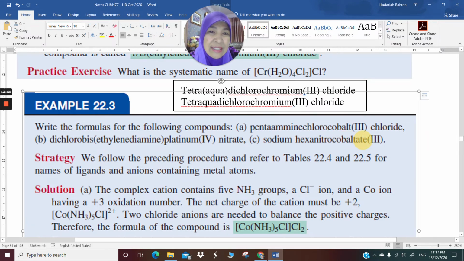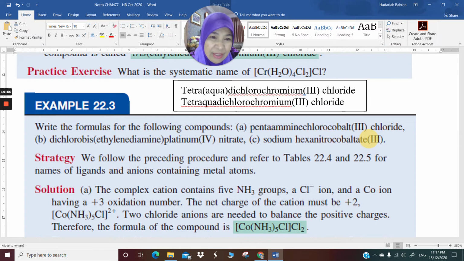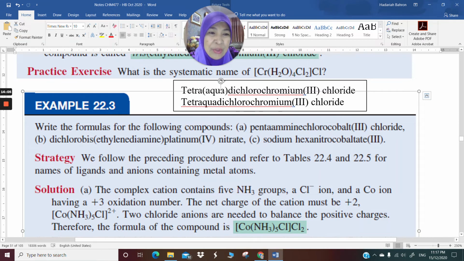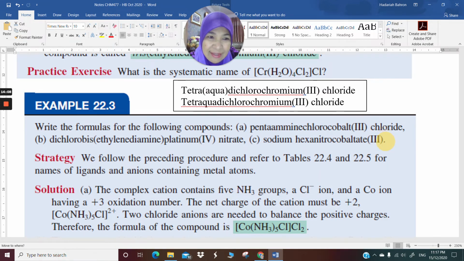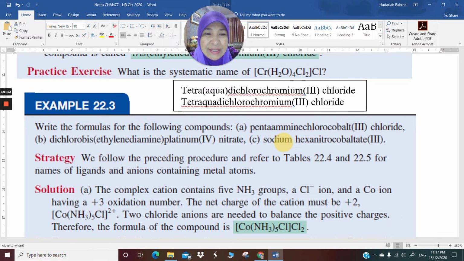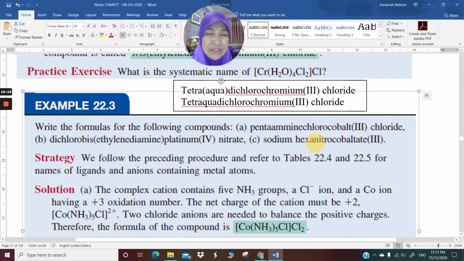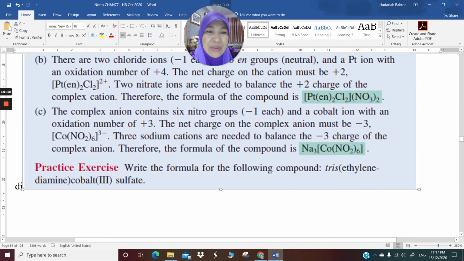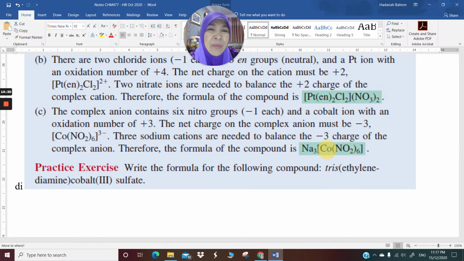Your cobalt is cobalt 3. So -6 plus 3 gives you a complex ion with a charge of -3. So you need 3 sodium to neutralize the -3 charge of the complex ion. So it is like this: sodium 3, cobalt, square bracket, cobalt, NO2 6. So that is sodium hexanitrocobaltate 3.